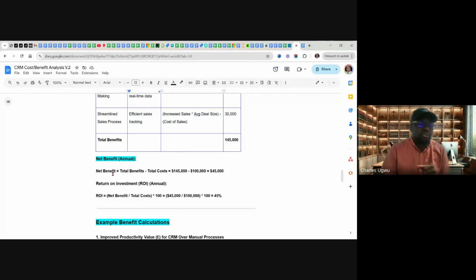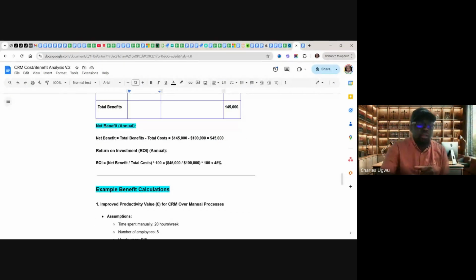The net benefit is going to be total benefits minus total cost, which is 145 minus 100,000, is 45K. So the return on investment annually is 45K for implementing Dynamics 365 under this case study. And that's it. That's the return on investment, ROI.